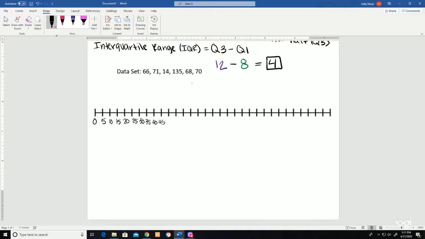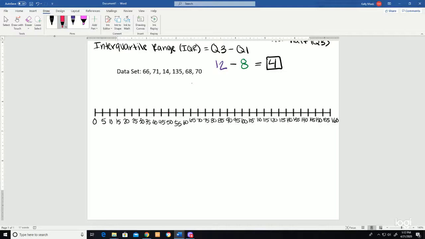Hopefully y'all can read this. 50, 55, 60, 65, 70, 75, 80, 85, 90, 95, 100, 105, 110, 115, 120, 125, 130, 135, 140, 145, 150, 155, 160. All right, so again, numbers are kind of smushed, but hopefully we can see what we're talking about here.